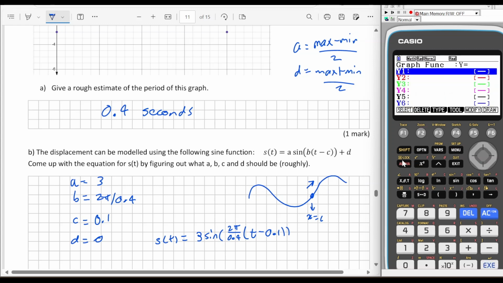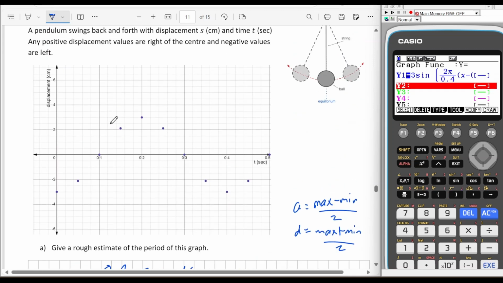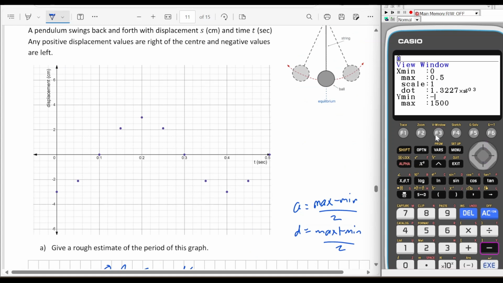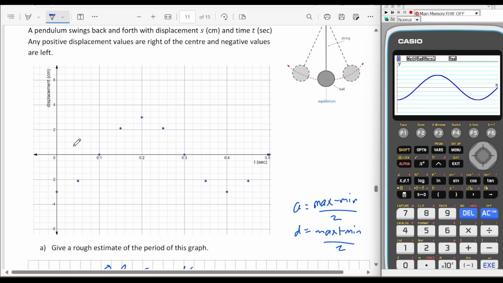Graph that, and I'm going to get 3 sine of 2 pi over 0.4, x take 0.1. Graph that. We'll set our window to be the same. So it looks like t might go from 0 to 0.5, and s of t might go from -6 to 6. And then hopefully if I graph that, it should look the same, which it does.